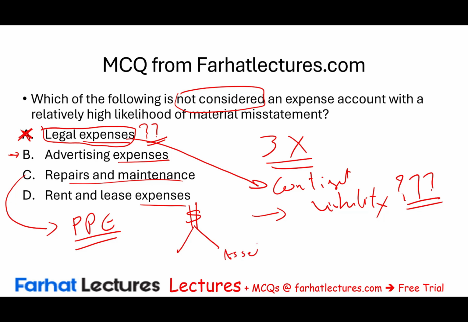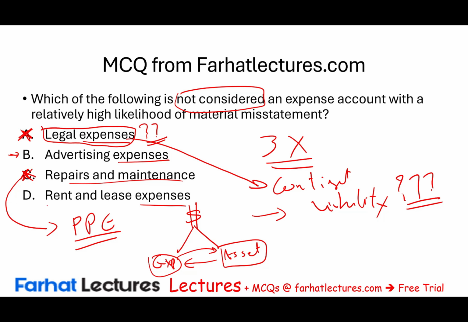Is this an asset? Do you capitalize it, or is it an expense? So within the repair and maintenance, what you could have done is reported it as an asset where it should be an expense, or reported it as an expense where it should be an asset. So there's a relatively high likelihood of material misstatement compared to B. I will take out C, because up to this point I'm comparing B and C.